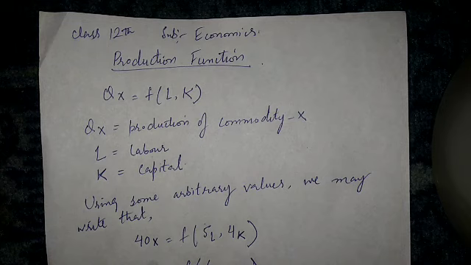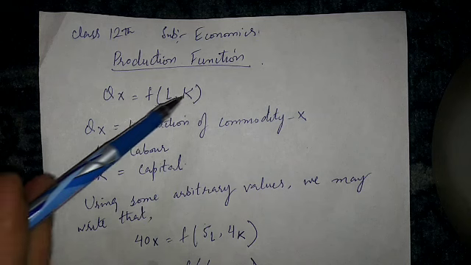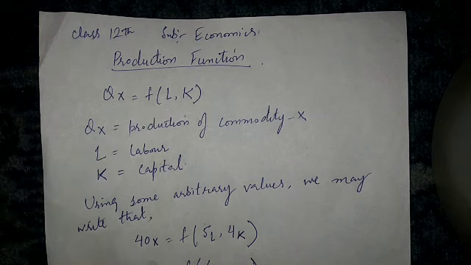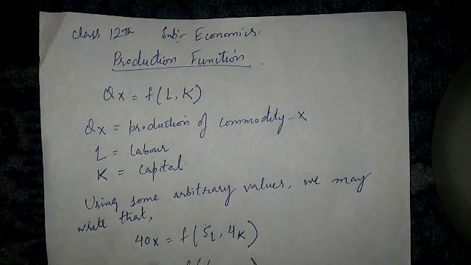For example, you may find that 10 units of capital and 5 units of labor are required to produce 100 units of the commodity.